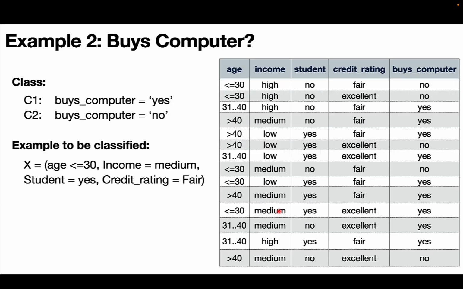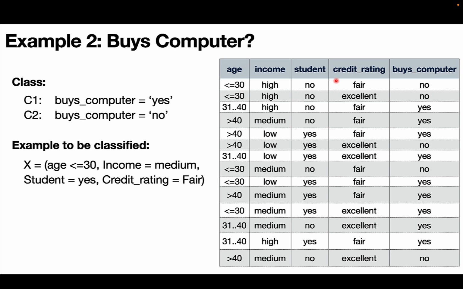In this example, Bayes computer, we are trying to predict the label buys computer based on a number of attributes. Maybe the storyline goes like the following: someone is trying to predict whether a customer is going to buy a computer or not based on these attributes.